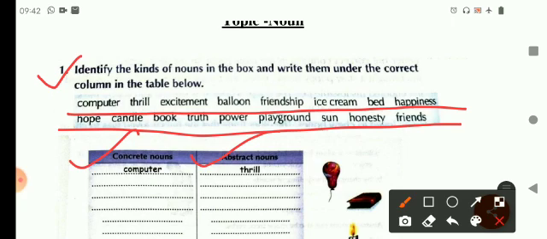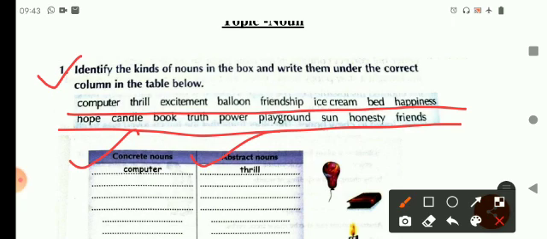Children, concrete nouns are those that we can experience with the help of our sense organs, and you all know your sense organs: eyes, ears, nose, skin and tongue. So the things that you can experience with the help of your sense organs will come under the category of concrete noun.